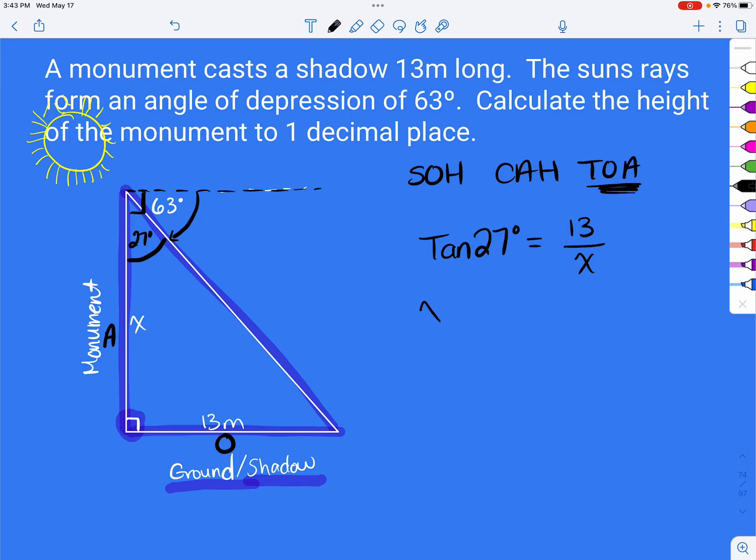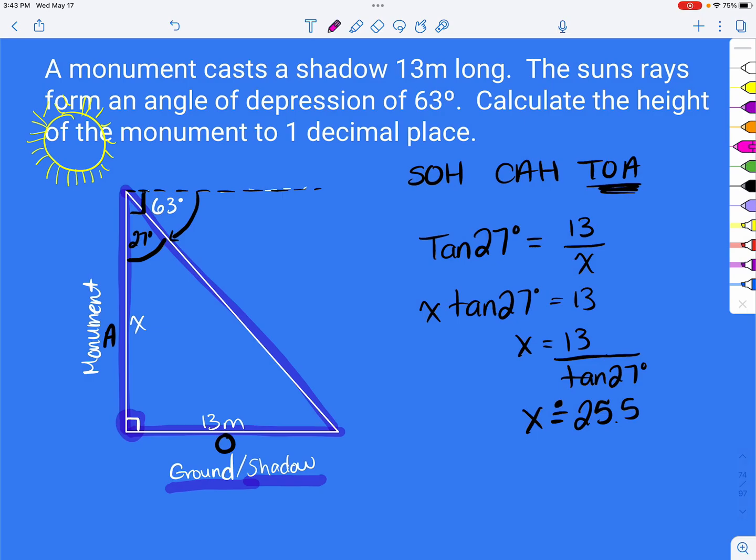Okay, multiply by x, and then divide by tan 27 degrees. Make sure your calculator is in degrees, so I just had to change mine. So 13 divided by the tan 27 degrees, x is approximately 25.5.